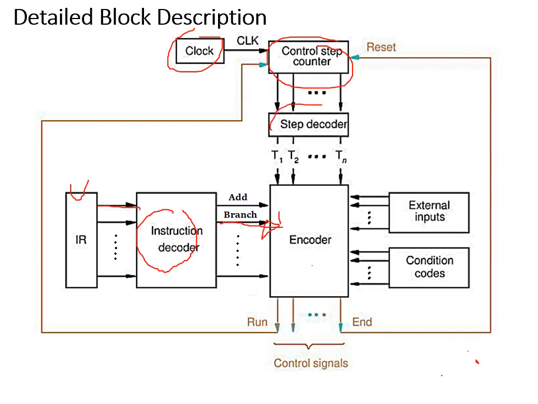The step decoder, getting information from the step counter, comes to know which clock cycle it is, and there will be various signals to represent different clock cycles. If it is the first clock cycle, the step counter makes the T1 signal 1 and all others 0. If it is the fourth clock cycle, the T4 signal will be 1 and all other time signals will be 0.